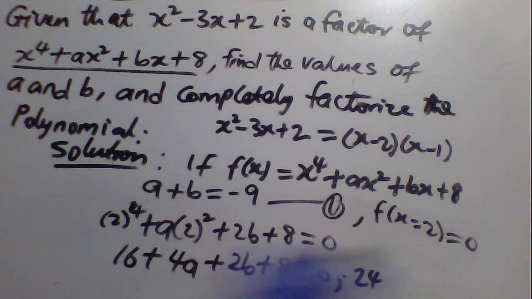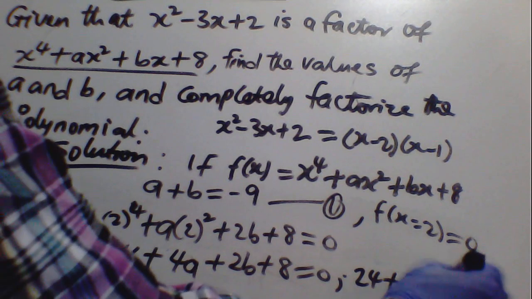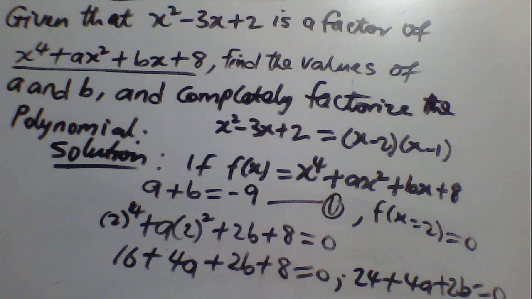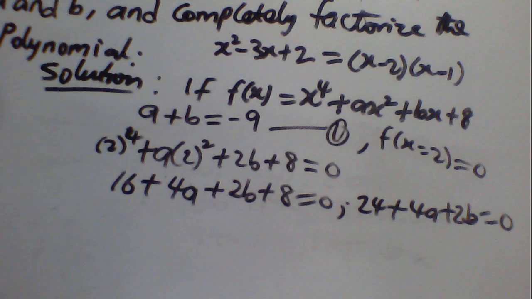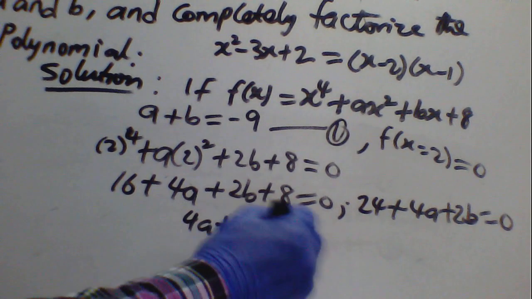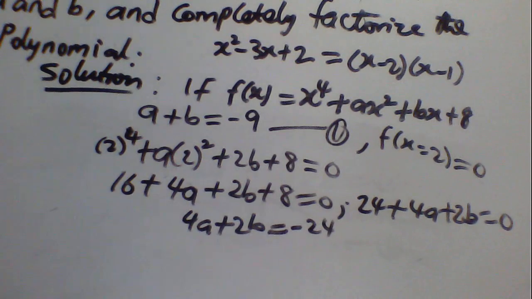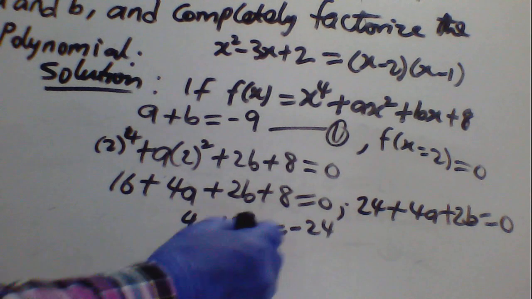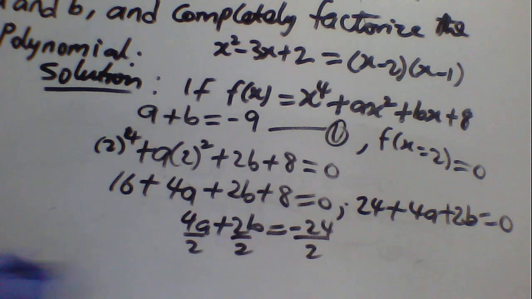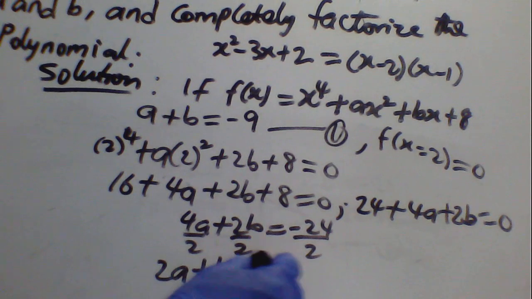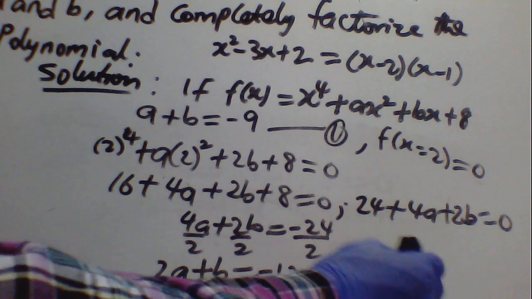So 24 plus 4a plus 2b equals 0. Rearranging, we have 4a plus 2b equals minus 24. You can still simplify by dividing by 2, since 2 is a common factor. If you do that, you have 2a plus b equals minus 12. I can call this equation 2.